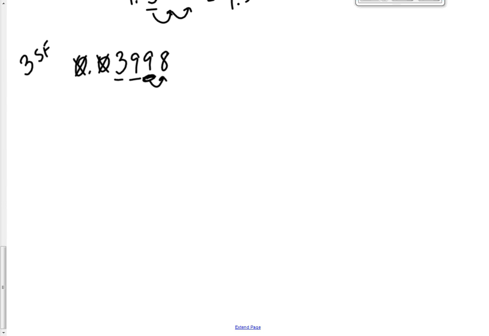We're going to look to the 8. The 8 tells the 9 to round up. And everything else in front of it rounds up as well, so we end up with 0.400. We have to keep these zeros because we want to maintain our 3 significant figures. Here we have 1, 2, 3 significant figures. That's how many it asks for. That's how many we need.